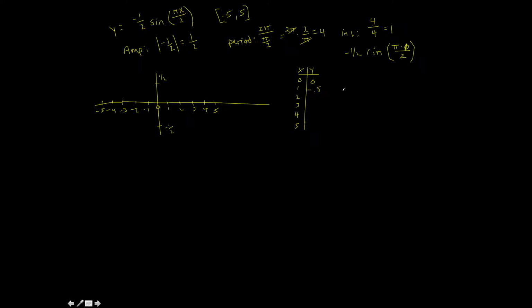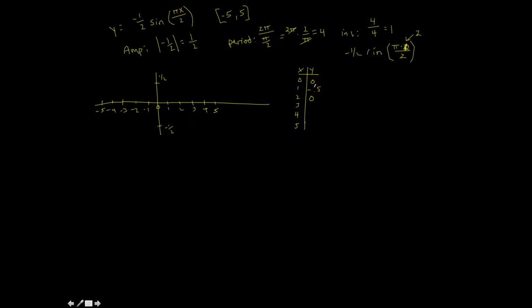Plug a 2 in right here. And what that's going to give us is 2 pi over 2, which is just pi after you do your simplification. So what's the sine of pi? Well, the sine of pi is also 0. So 0 times -1/2 gives us 0.